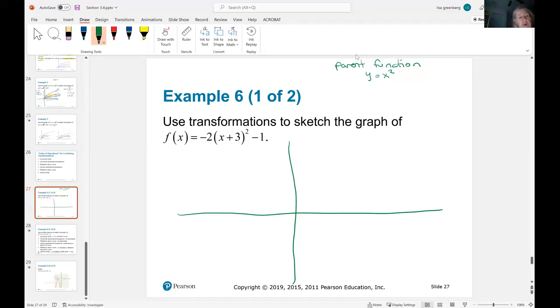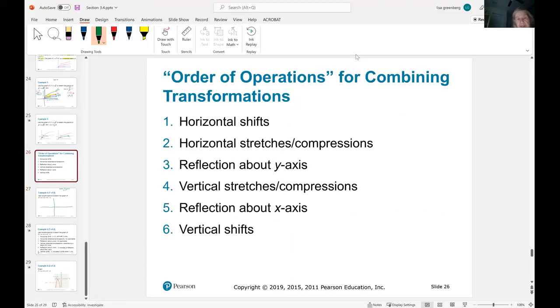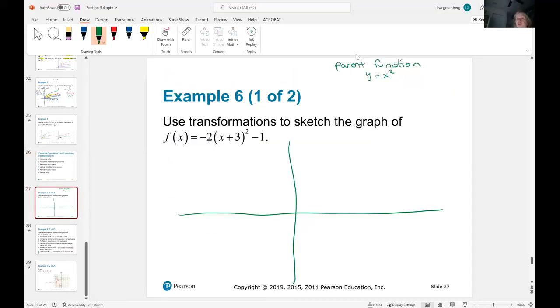Again, it says do horizontal first, right? But if you do it my way, the way I taught you, the same thing is true. So first, let's just draw out the parabola. So there's just my x squared, okay?